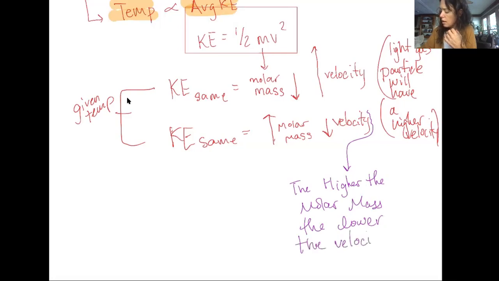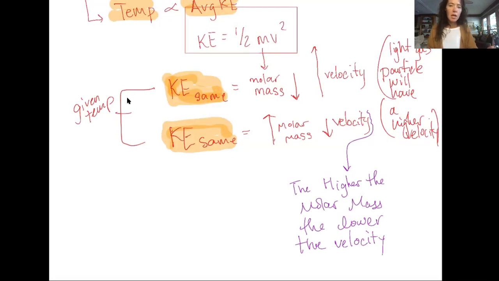And once again, that allows for, at a given temperature, the kinetic energy of any type of gas to be the same. But what will change is the velocity. The higher the velocity, the lower the molar mass. The lower the velocity, the higher the molar mass.